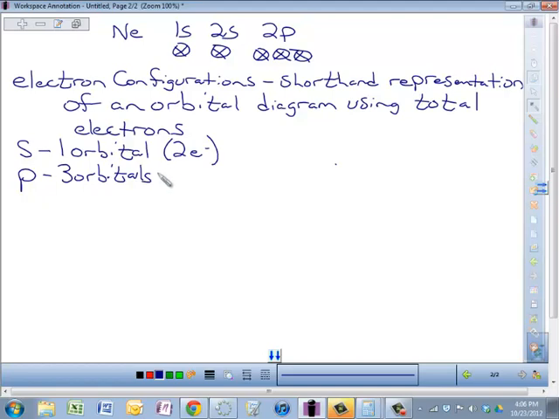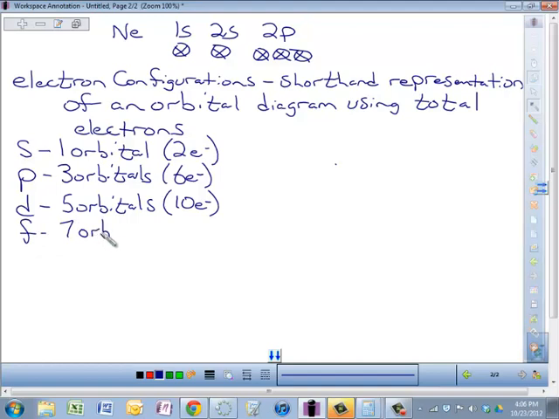And again, 3 times 2, this is going to have a grand total of 6 electrons. A d had 5 orbitals, and again, 5 times 2, we're going to have a grand total of 10 electrons. And then the last one was an f, and we said that an f had 7 orbitals. In those 7 orbitals, 7 times 2, we had a grand total of 14 electrons.